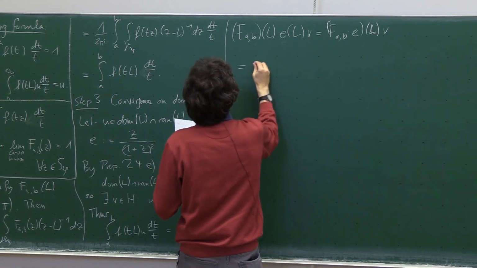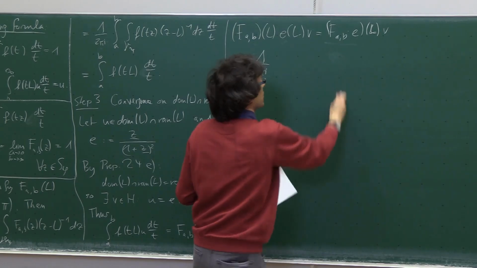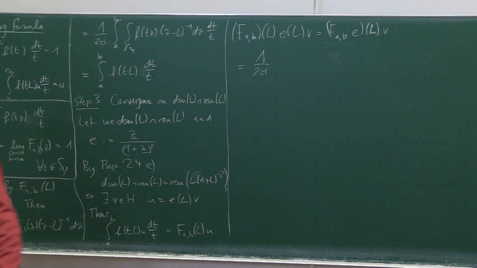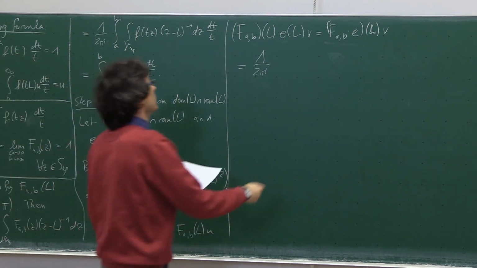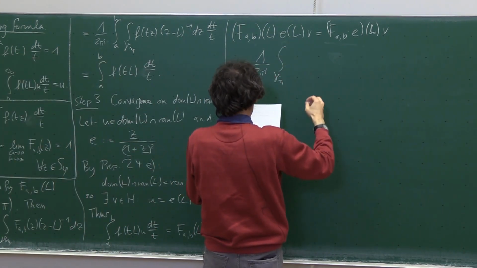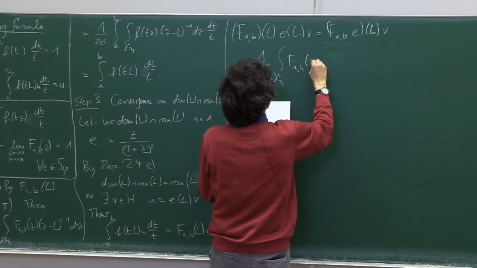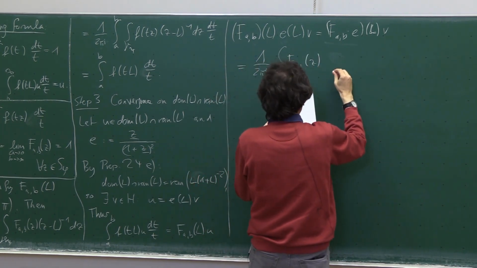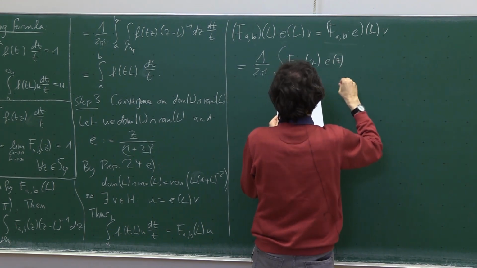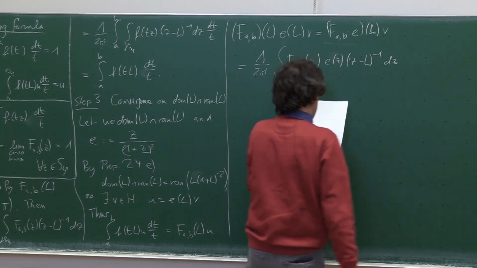And now this is a product of two regularly decaying functions, so the functional calculus is defined by the usual path integral. So rewrite that as a path integral. This gives you 1 over 2 pi i times the integral over f_ab of z, e of z, (z minus L) to the minus 1 v dz.